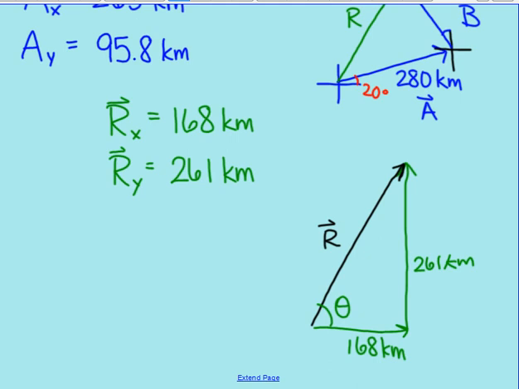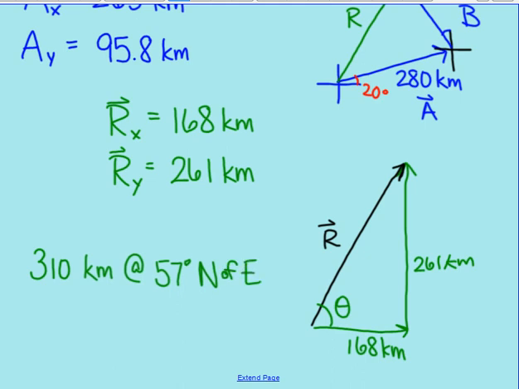So, just as step 5 says, use the Pythagorean theorem to find the magnitude of that resultant. And then in step 6, you're finding the angle of the resultant using trig. Pause the video and do that right now. Hopefully you found that our resultant, in other words, the distance and direction from the base camp to Lake B, is 310 kilometers at an angle of 57 degrees north of east.